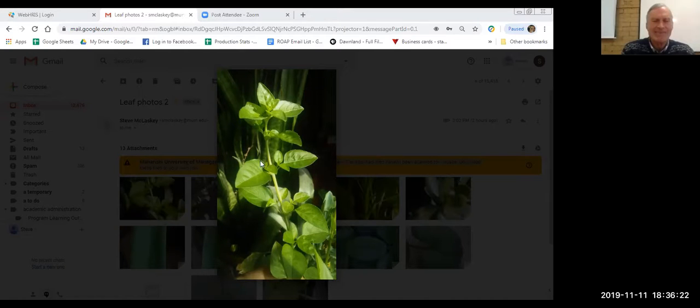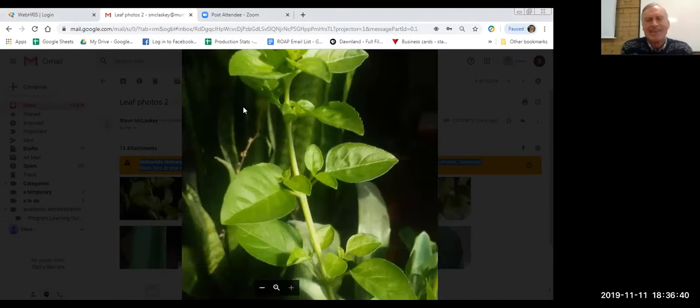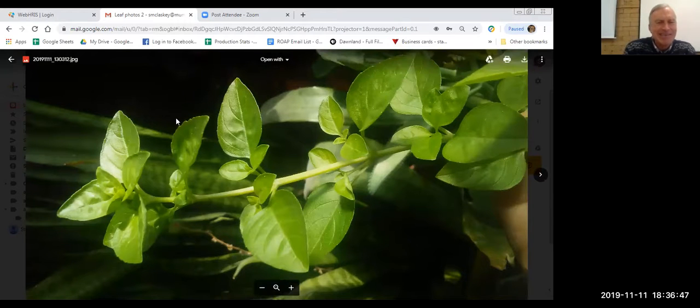Yeah, you can see it on this one pretty well. Innately netted. Innately netted, yes. You can't really see what the margins are. Oh yeah, blow that up. There we go.